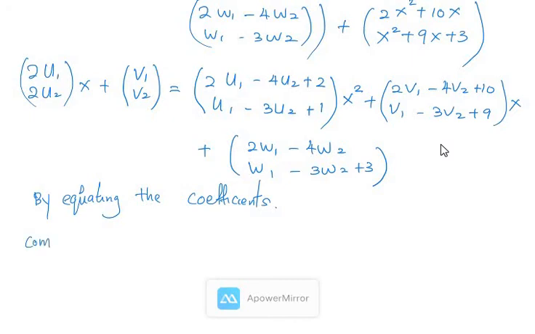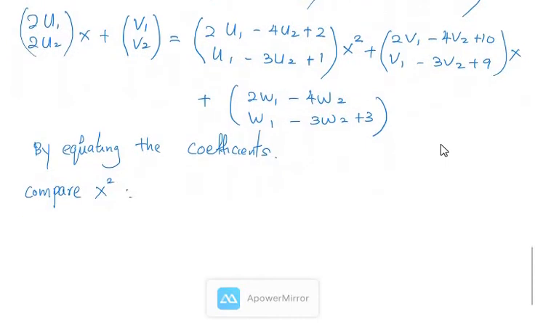so I compare x squared. Okay, so left hand side I don't have anything, so I have 0 and 0. For the right hand side, I have this one. So 2u1 minus 4u2 plus 2, u1 minus 3u2 plus 1.